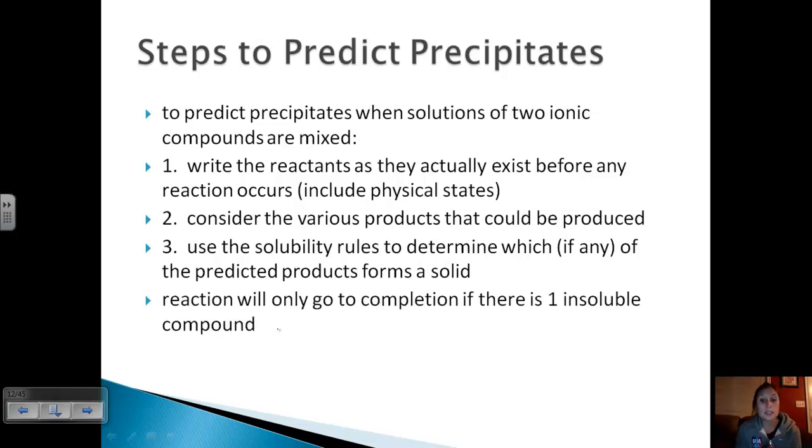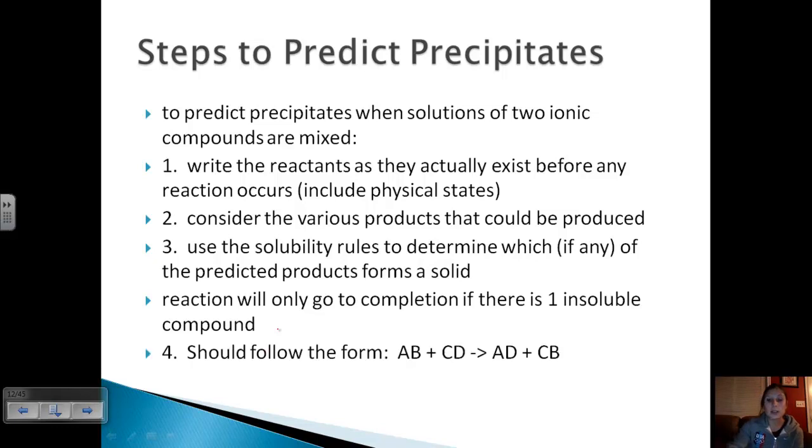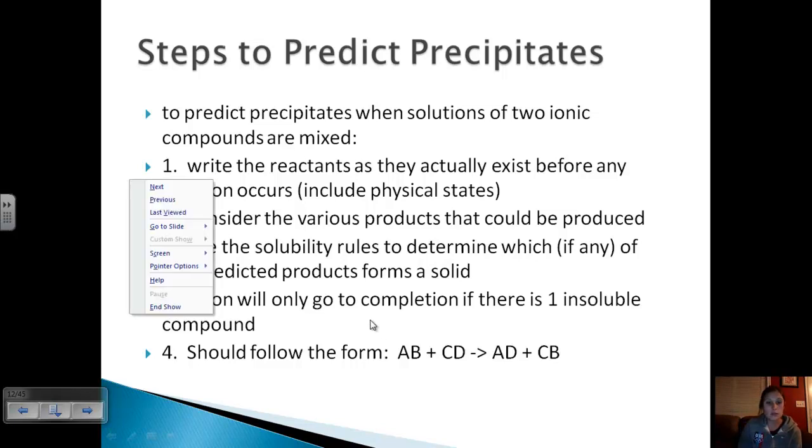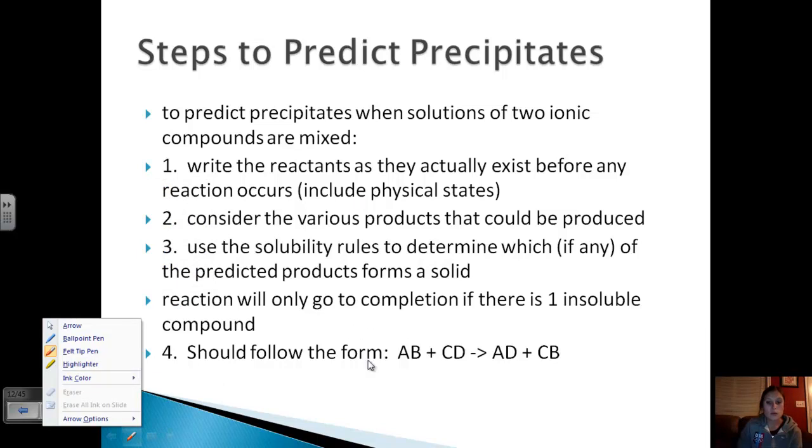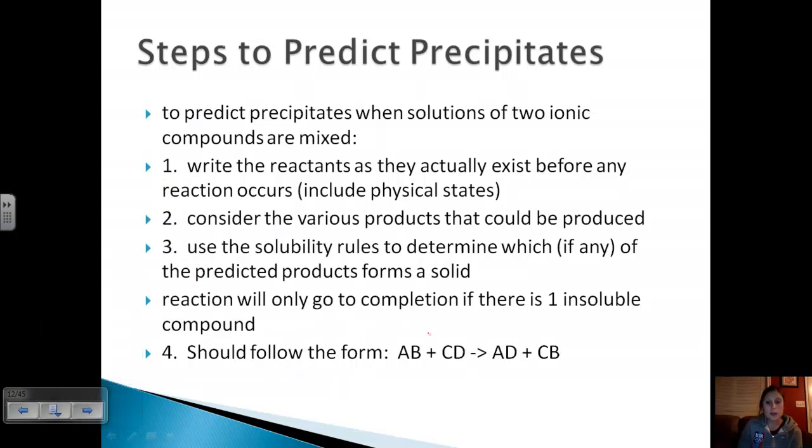The reaction will go to completion only if there is one insoluble compound. There has to be one solid formed. If there's two solids formed, very unlikely, or no solids formed, which is more likely, then you would write no reaction. Okay, so the reaction should follow the form AB plus CD, and then if you'll notice, we are switching the anions.